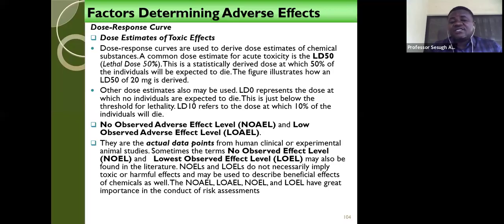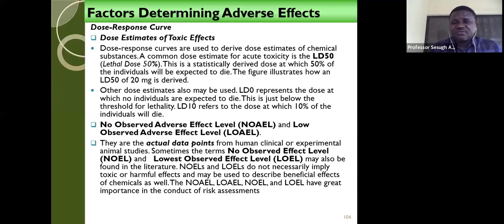So LD50 can be 5 milligram, it can be 2 milligram, it can be 50 milligram, it can be 35 milligram, depending on the toxicity of the chemical and the response of the organisms or the target material.